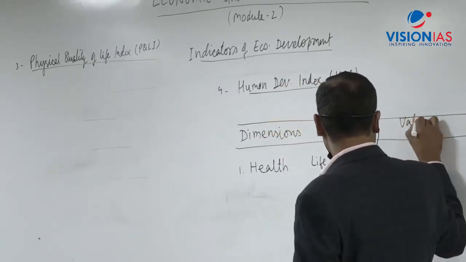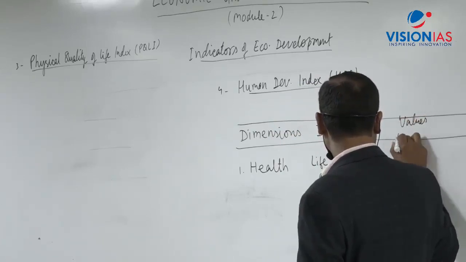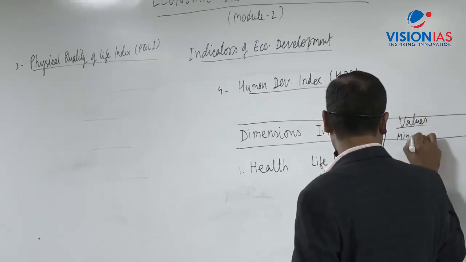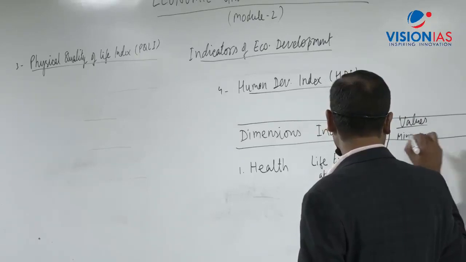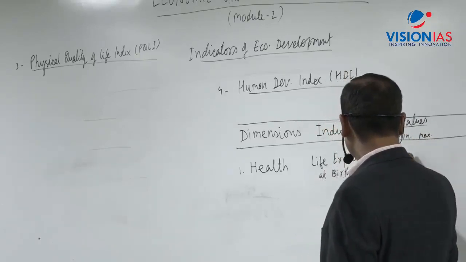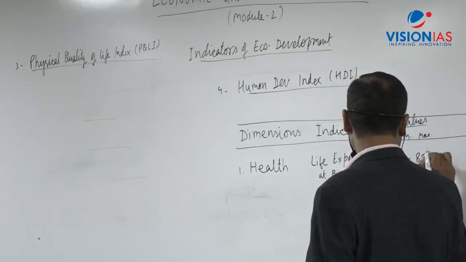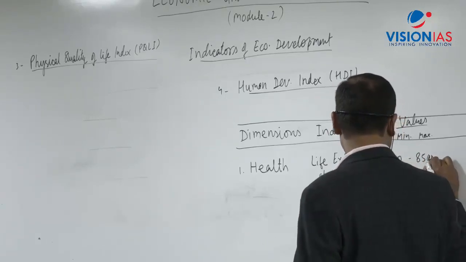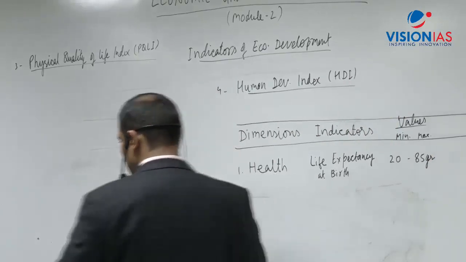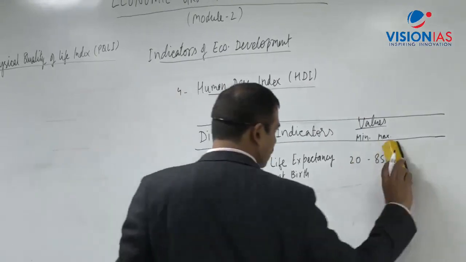Then values, minimum, maximum. So they have taken a round of values, 20 to 85 years. So minimum 20 years, maximum they have taken 85 years.